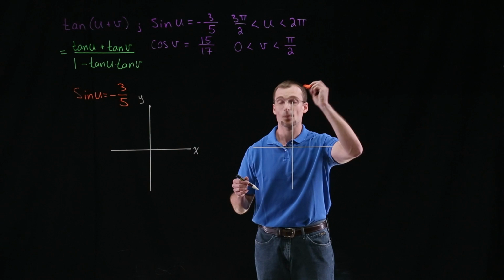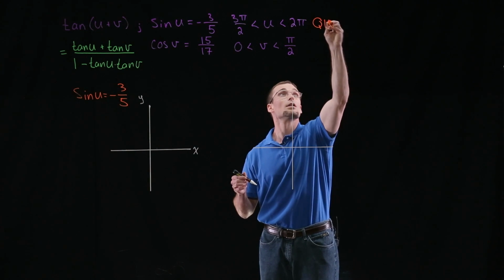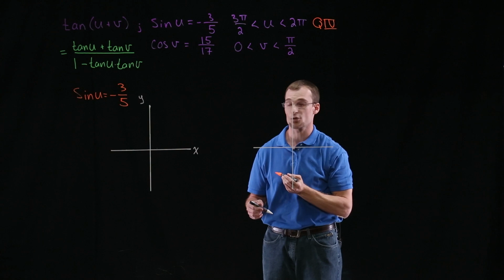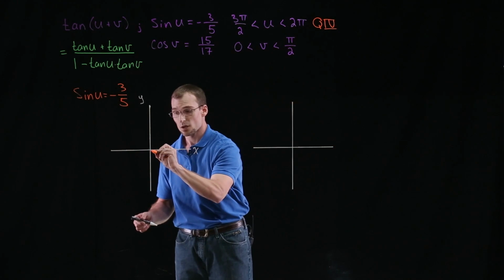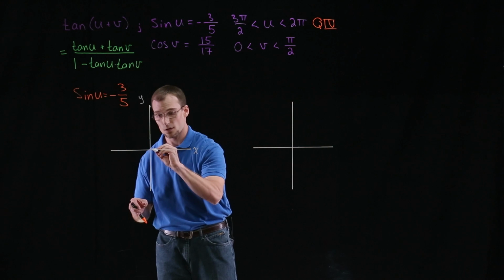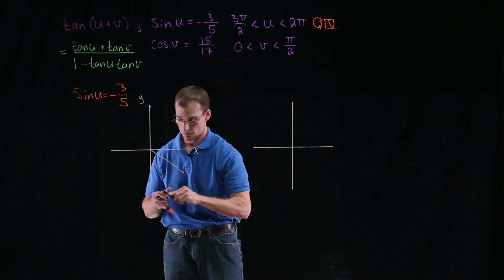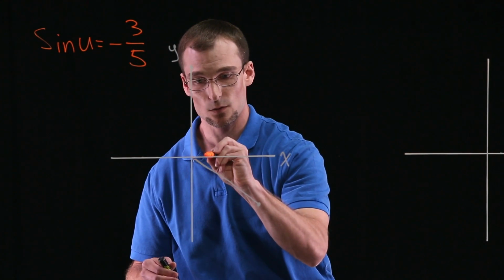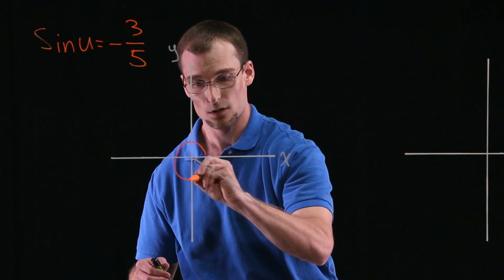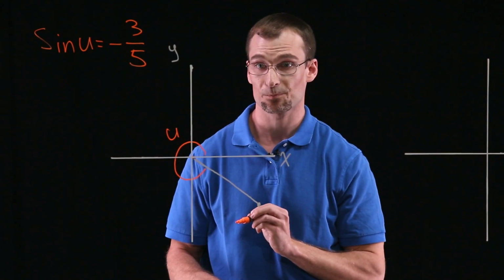What does that tell us? Well, that tells us that the angle u is in the fourth quadrant. So some angle, say u, in our fourth quadrant.